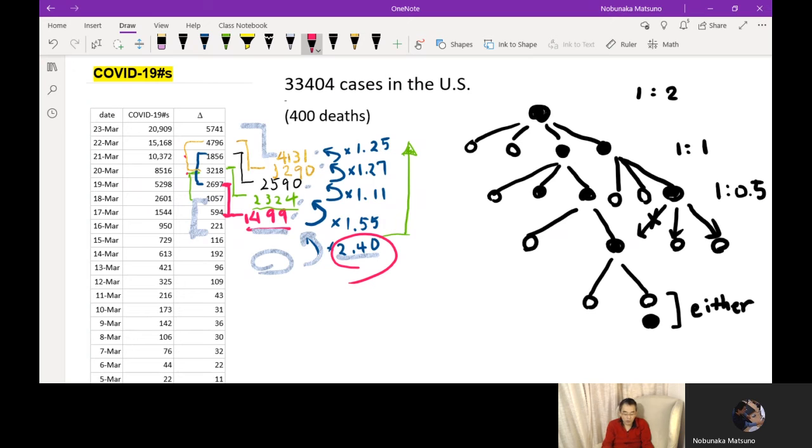I'll give you an example of why, and this is really encouraging. I'd also like you to stay hopeful, because I think the number of new infections will probably start going down after maybe 3 to 4 weeks.